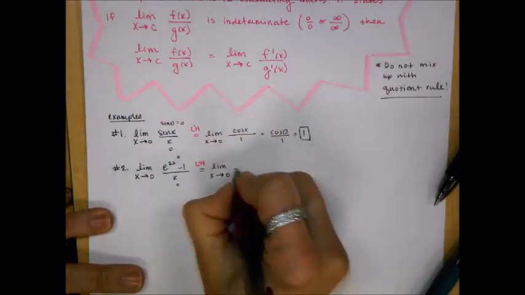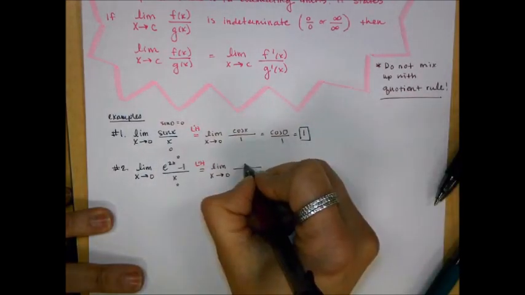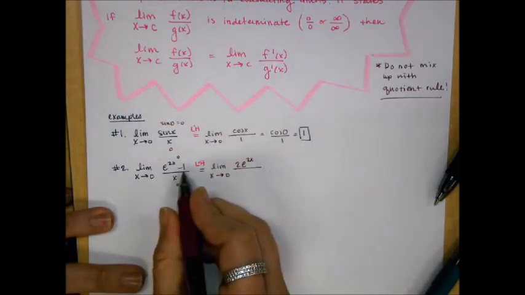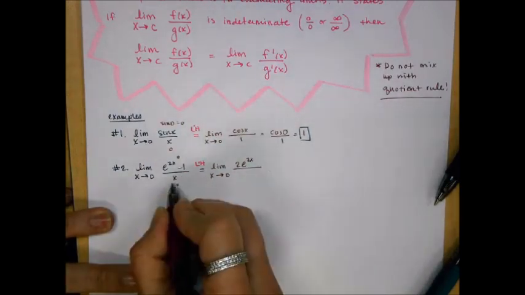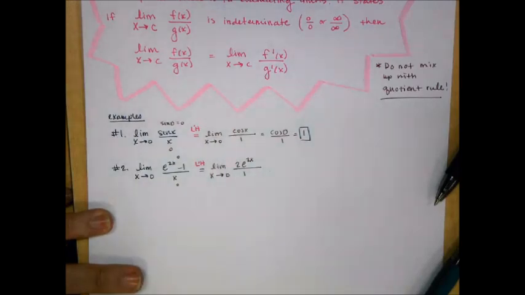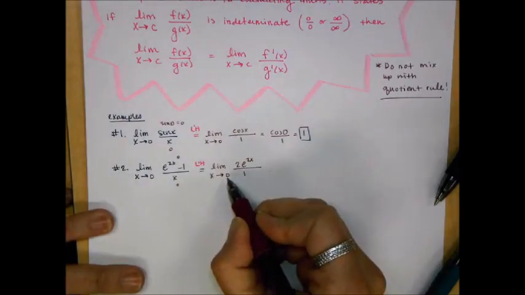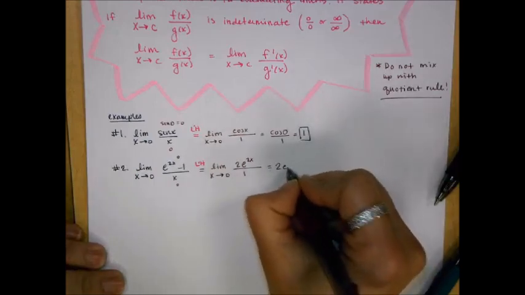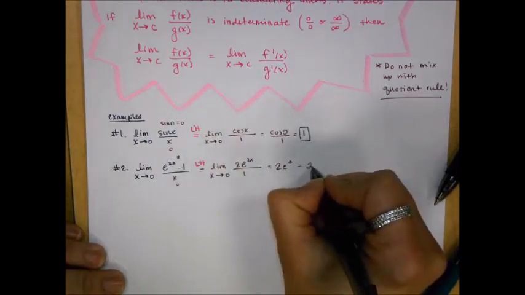So derivative of e to the 2x is e to the 2x times 2 minus 0, and divided by the derivative of x, which is 1. So now we should be able to safely plug in 0 here. We get 2e to the power 0 is 2 times 1, or 2.